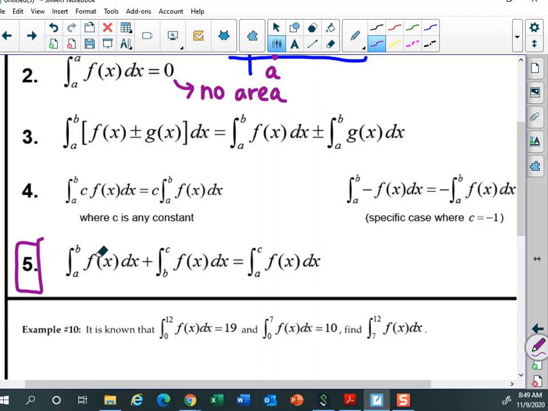We can go from A to B and then B to C, as long as where we end is where we start. That's the kind of, so if we end at B from A to B, then our next one goes from B to C, so we're covering the entire region.